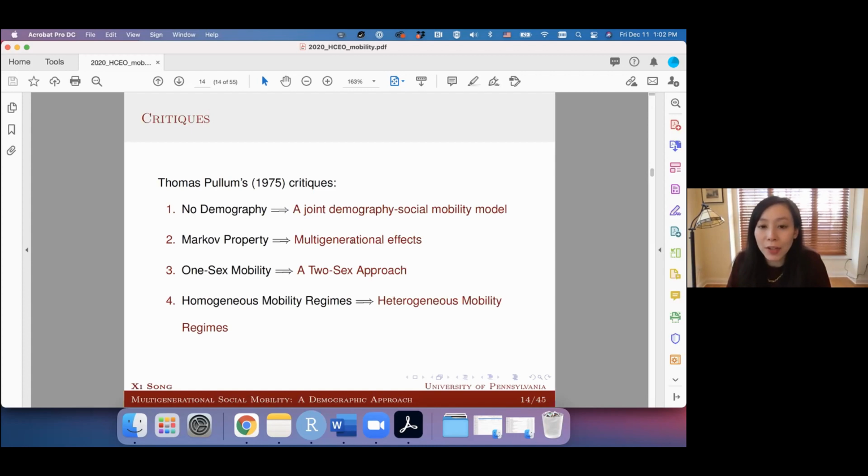I will also relax some of the assumptions of the Markov chain property by incorporating influences of grandparents, great-grandparents, and earlier generations. And I will extend it to a two-sex approach that takes into account the dynamics of males and females in a population in terms of how they form unions and how they will influence the social makeup of the next generation, as well as how they jointly shape the mobility chances of their offspring.